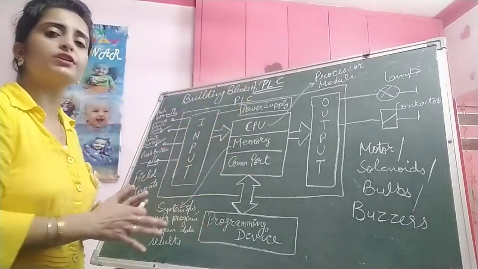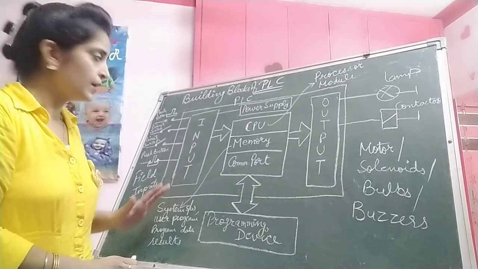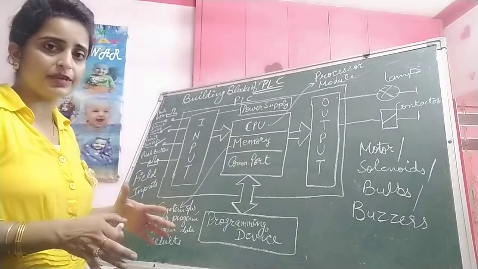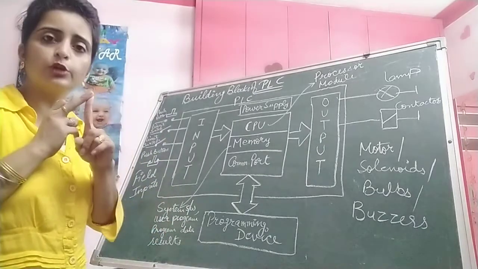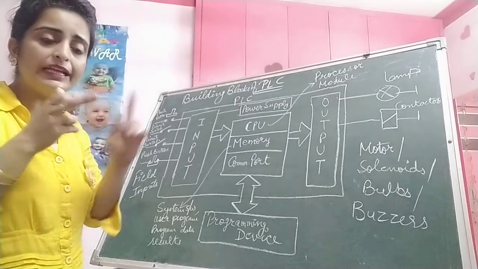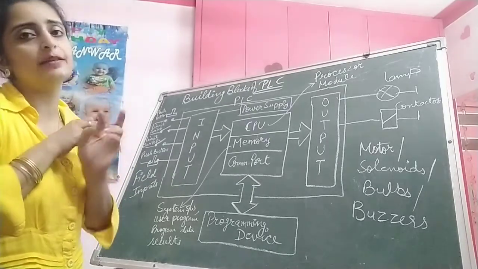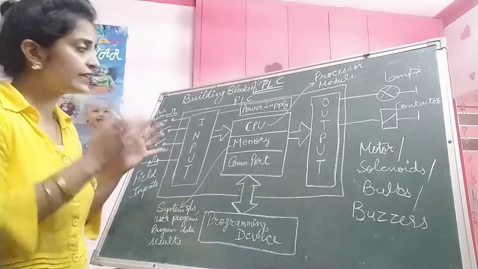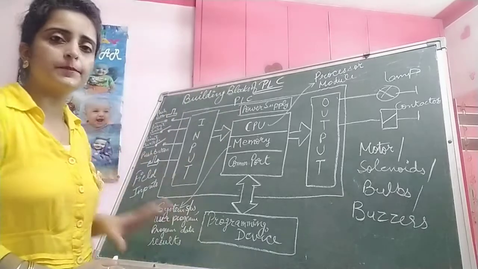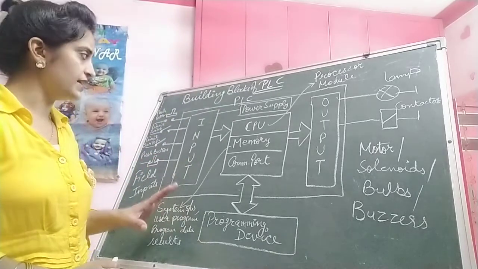First of all, the basic building blocks of the PLC are the input module, output module, CPU, memory, programming device, and the power supply. So there are 6 blocks in the basic structure of the PLC.